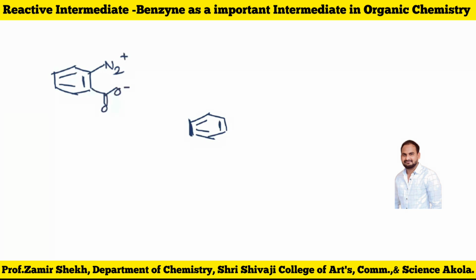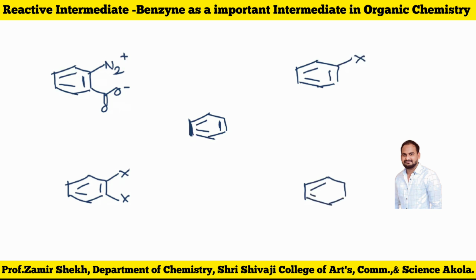From dihalo compound by the reaction with magnesium, you can prepare this one. So from simple halobenzene we can prepare your compound, and from a cyclic heterocycle like this one we can remove N2, and in my molecule, this is S double bond O double bond O. So look at these four reactions from which we can prepare benzyne.